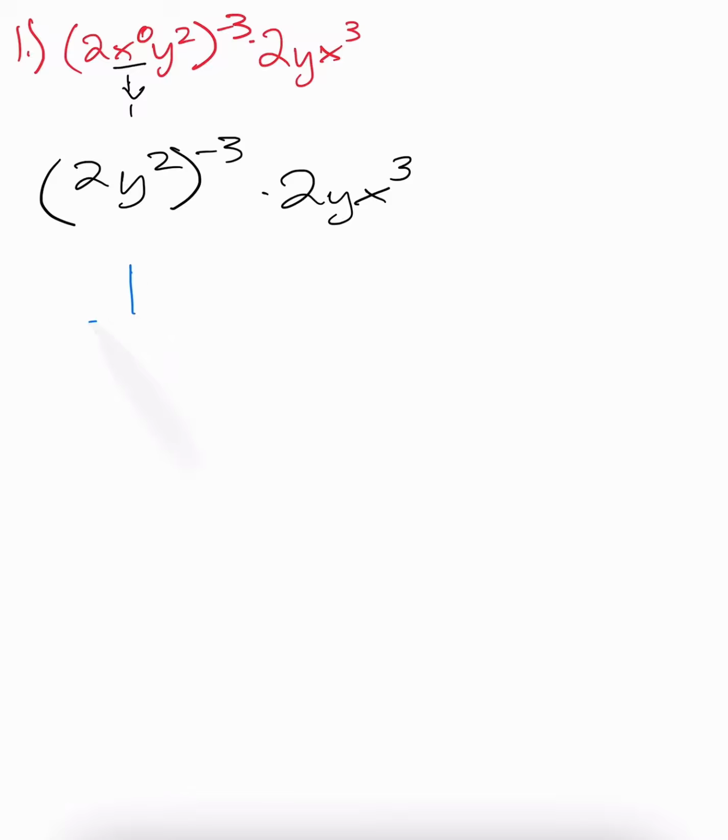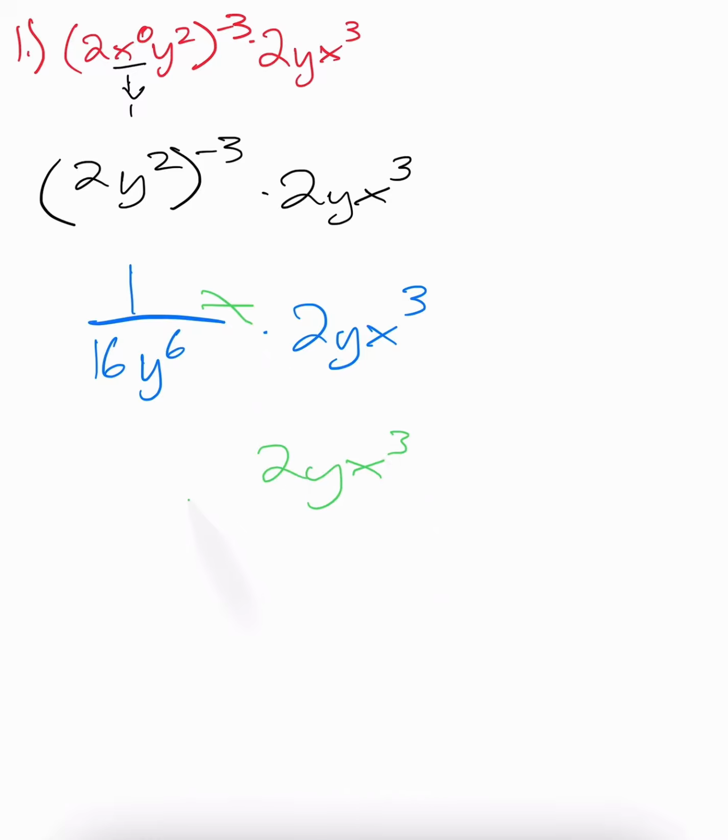So 2 to the power of negative 3 is equal to 1 over 16, and y squared to the power of negative 3 is equal to 1 over y to the power of 6. And then we're going to multiply that by 2yx cubed, and since this is 1, we could just multiply those together, so it'd just be 2yx cubed over 16y to the power of 6.